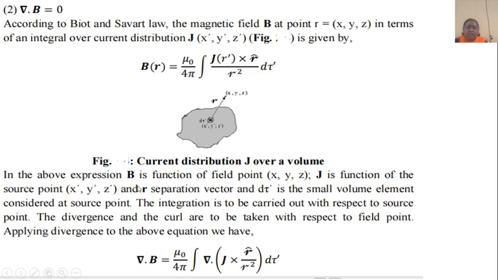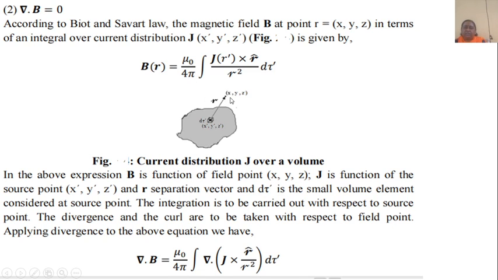Now in the above expression, B is a function of field point x, y, z. J is a function of the source point x dash, y dash and z dash, and r is the separation vector seen in figure, and d tau is a small volume element considered at source point x dash, y dash and z dash.